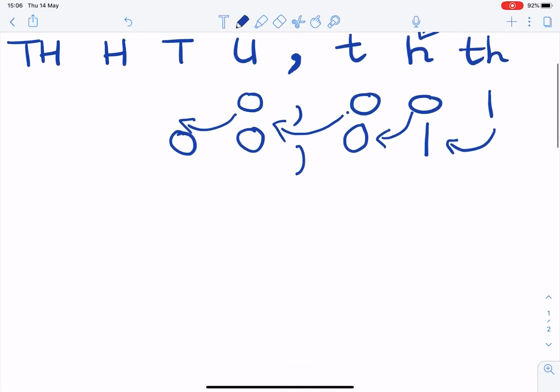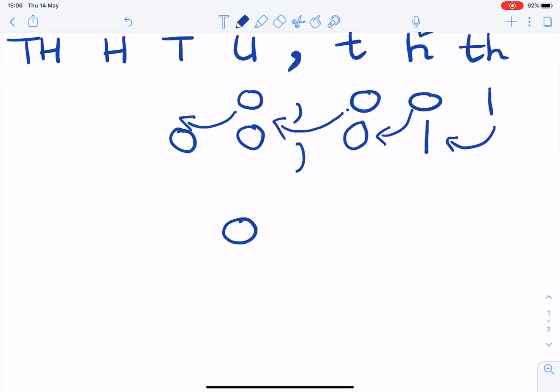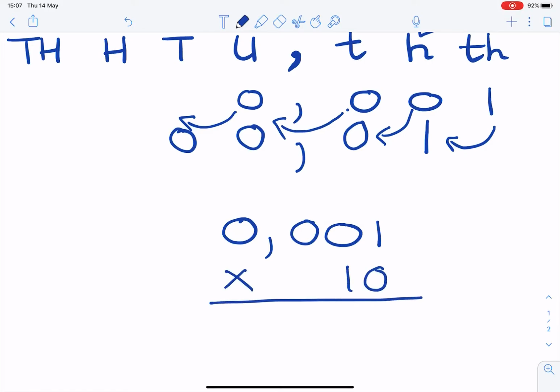There's another way of looking at that. If I do it as a multiplication down sum, and I take 0,001 and I multiply it by 10. Columns are crucial. I put my 0 down. 1 times 1 is 1. 1 times 0 is 0. 1 times 0 is 0, and 1 times 0 is 0.